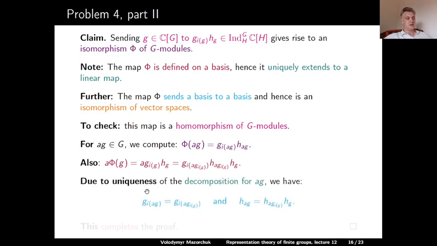But due to the uniqueness of the decomposition for the element ag, we have that g with the index i(ag) should be equal to g with the index i(a g_i(g)), and the element h_(ag) should be equal to the product of h_(a g_i(g)) and h_g. And this completes the proof of the claim and our problem.